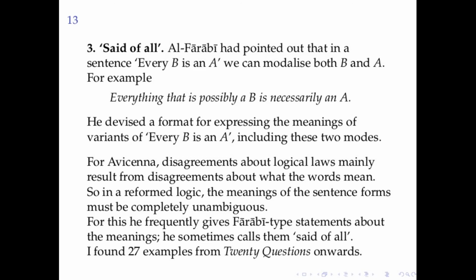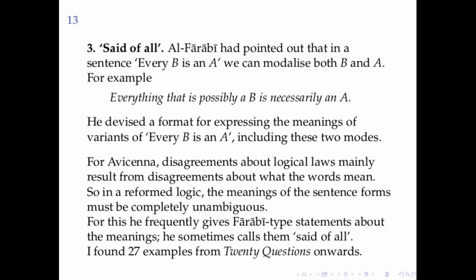His idea was that we say every B is an A, but we add a lot of information as we're saying it about what's in the mind and what is not in the mind of the speaker who's saying this sentence. This format is quite distinctive. Al-Farabi himself calls it said of all, which translates into Latin as dictum de omni.